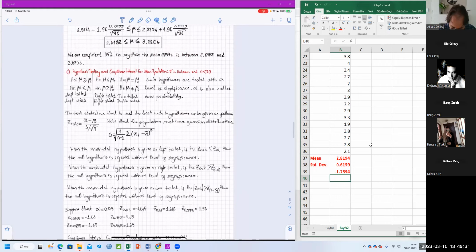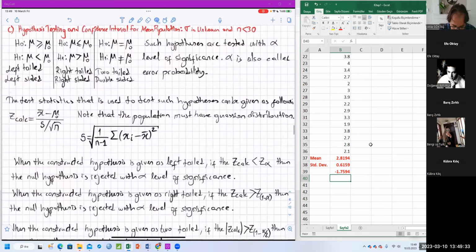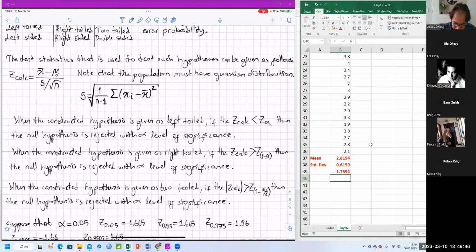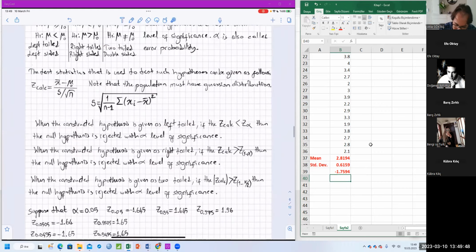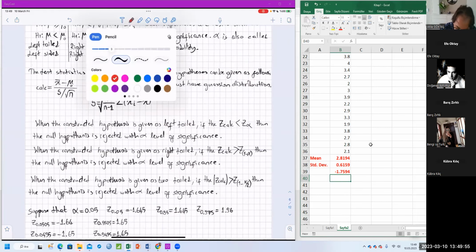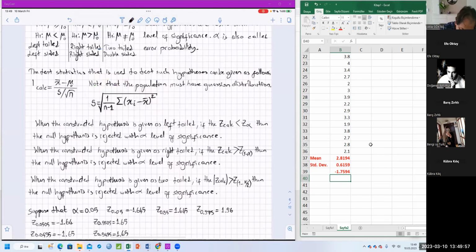Okay. So I'll modify everything here because we construct the same hypotheses, no difference: left-sided, right-sided, and double-sided. And this time we're not using the Z calculated statistic. The name is changing. I will change it to T calculated.